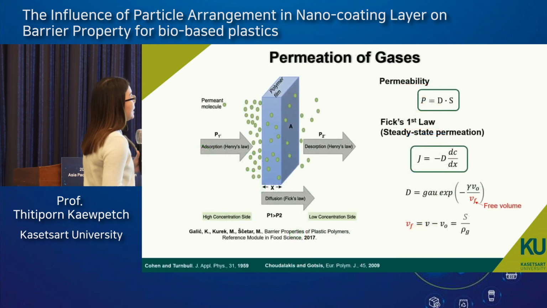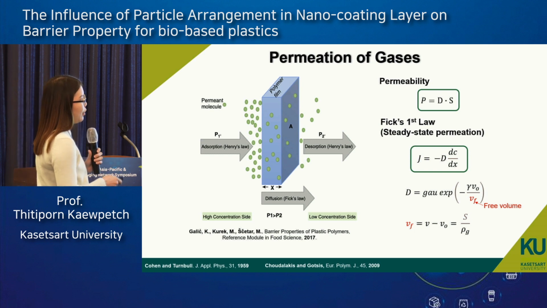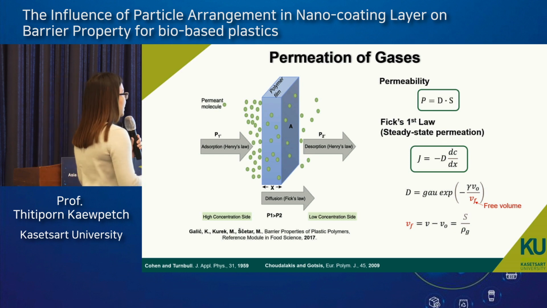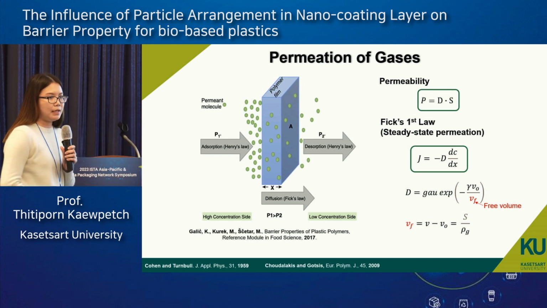In terms of gas permeation, when a gas molecule tries to permeate through the membrane of the plastic, it has four steps. The first step is the gas molecule absorbing on the surface of the membrane.